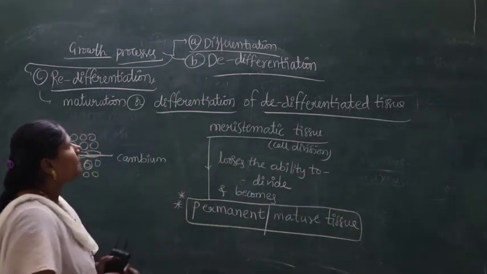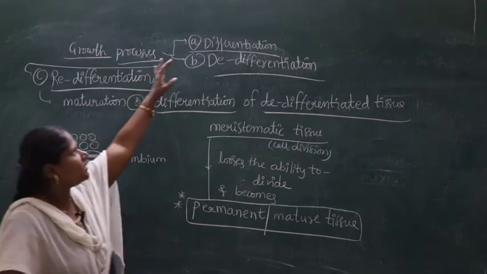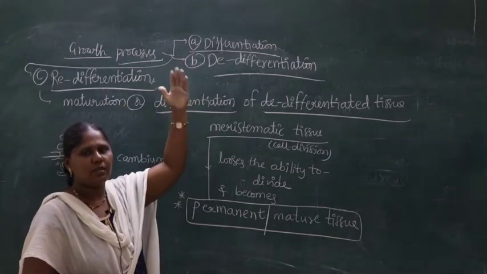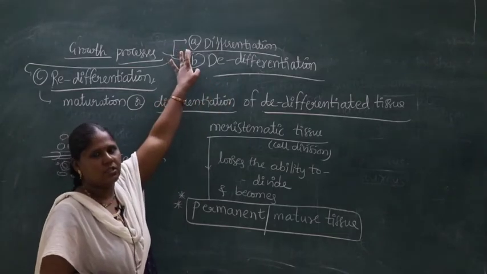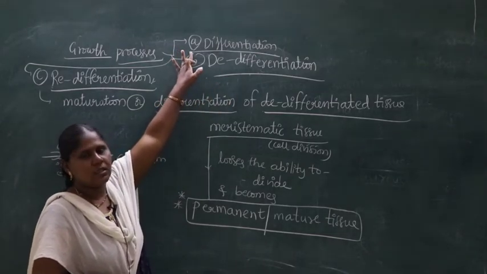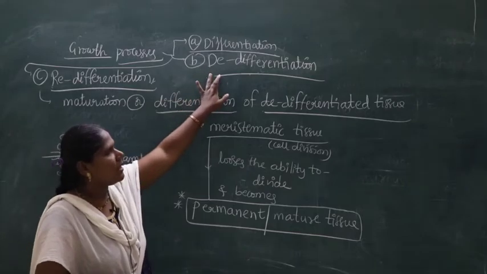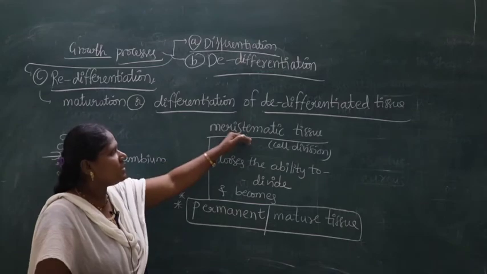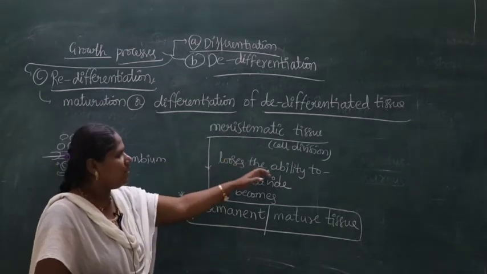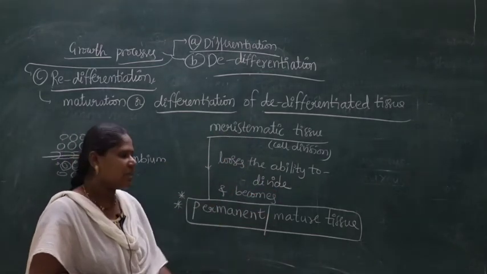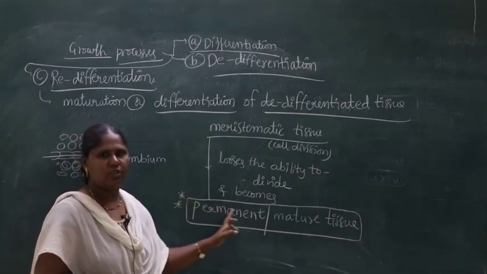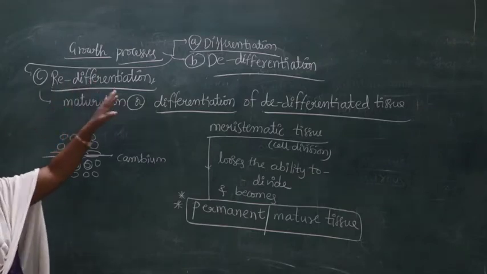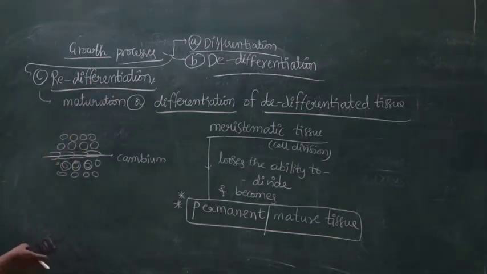What is differentiation? Cell division, elongation, converting, formation of permanent cell, maturation, it's called differentiation. Now the permanent cells once again become meristematic and divide, it's called de-differentiation. Now, this meristematic tissue will lose the ability to divide, and a second time it becomes permanent or mature tissue, then that will come under re-differentiation. Now, let us talk about the examples.